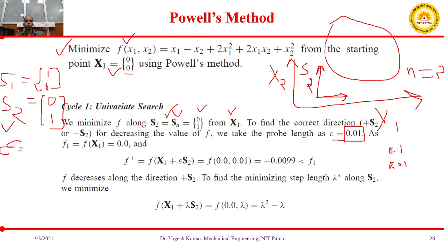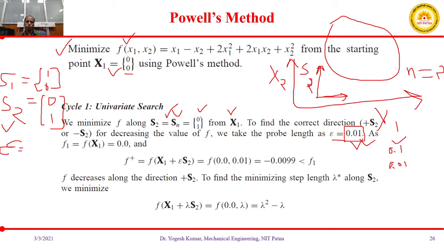If your probe length is small, you will be able to get the direction more accurately. Since this has more decimal places, it is more appropriate as compared to 0.10.